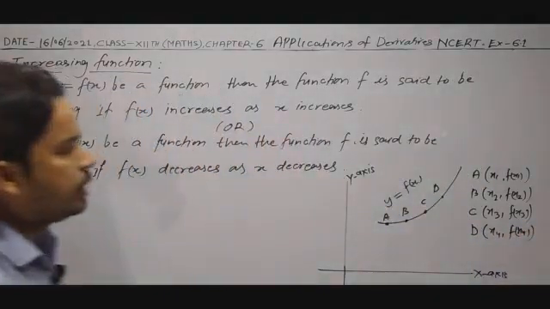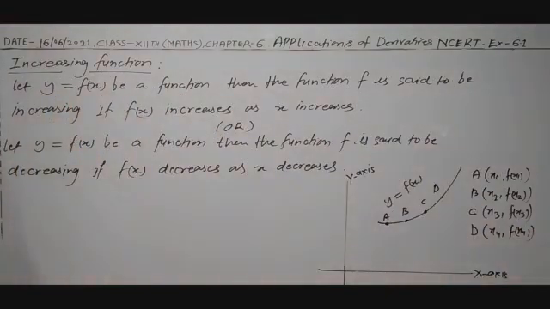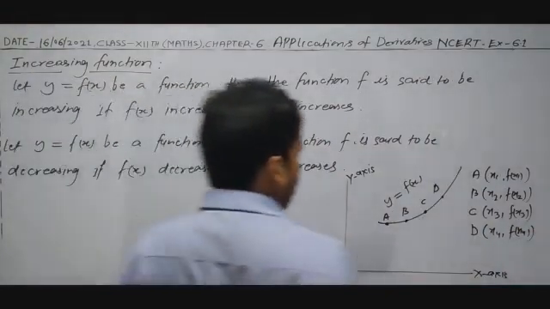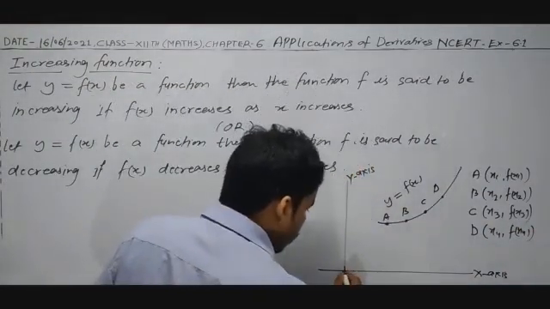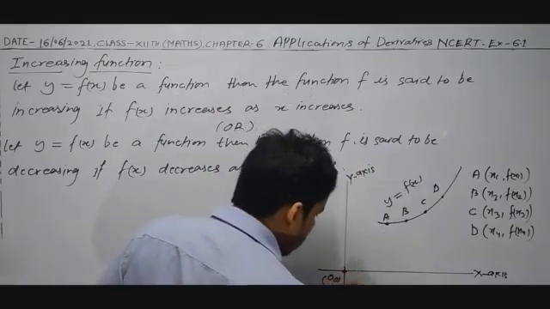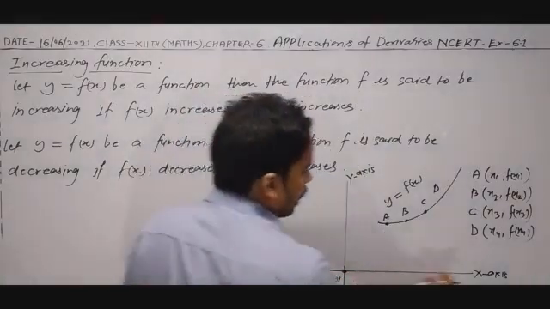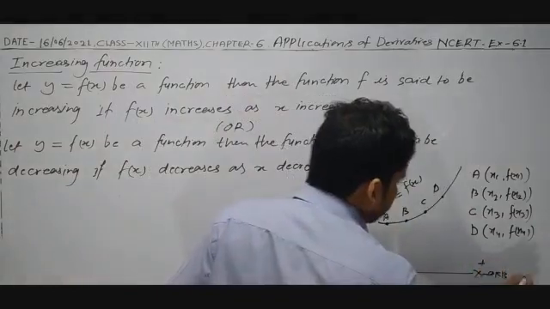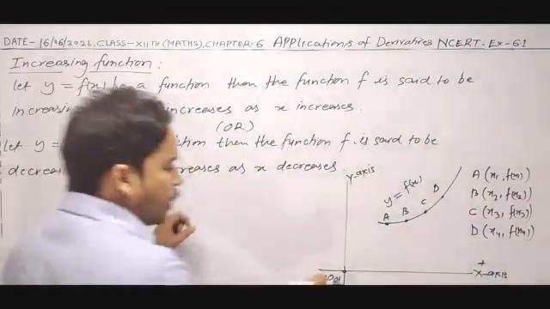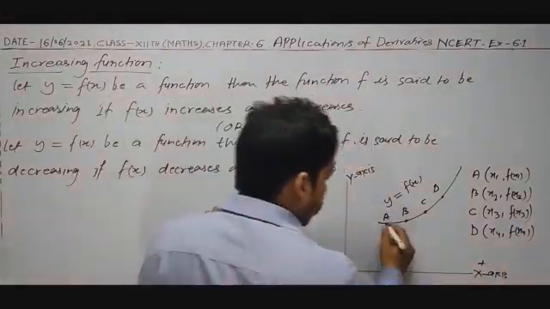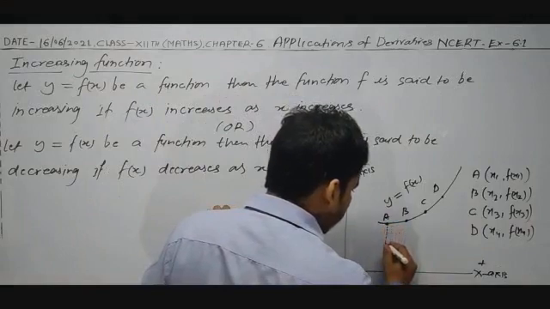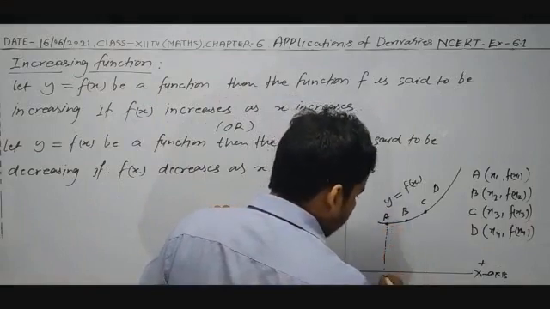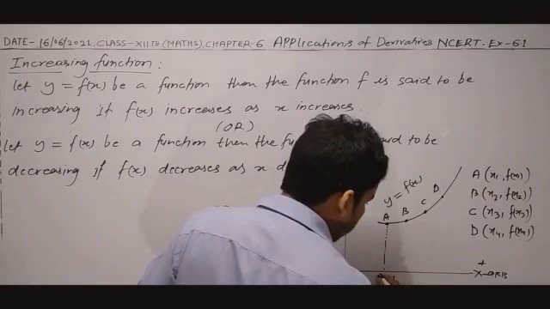So these are the points represented on the curve, and with respect to the origin, as you move from left to right on the positive x-axis, the value of x increases. So this is the point x1 comma 0.